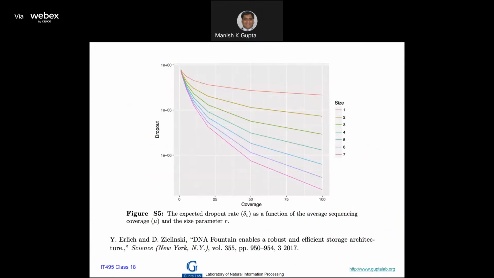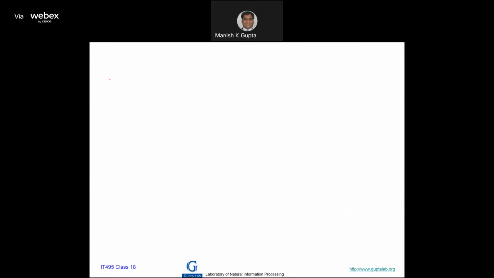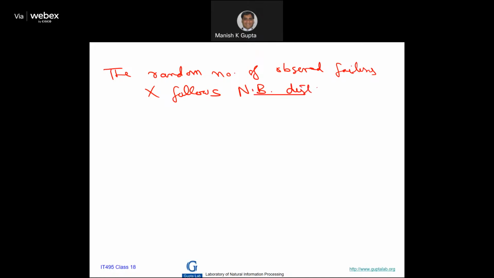Then the random number of observed failures X follows a negative binomial distribution. What is P? P is the probability of success, and 1 minus P is the probability of failure in the Bernoulli trials, right?